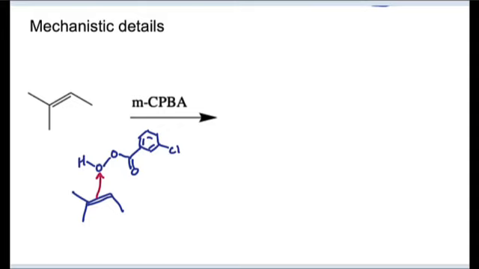The double bond is going to attack the OH oxygen, which is going to circle around with its bond to hydrogen. And so I'm going to kind of go all the way around here to grab the oxygen atom. I'm going to form an O-H bond there.